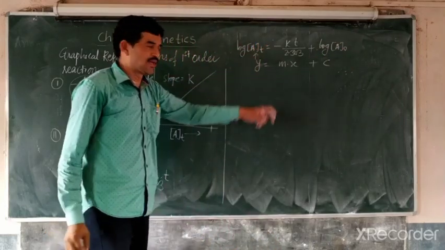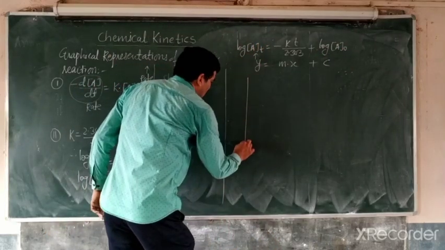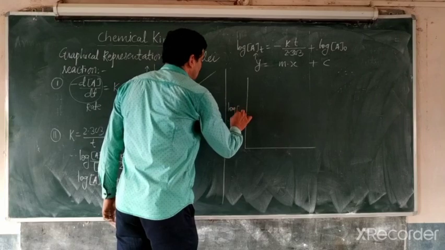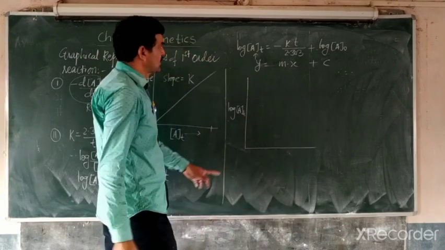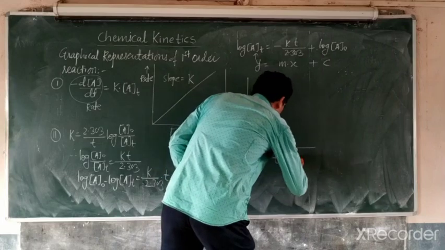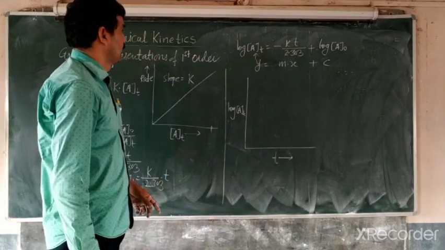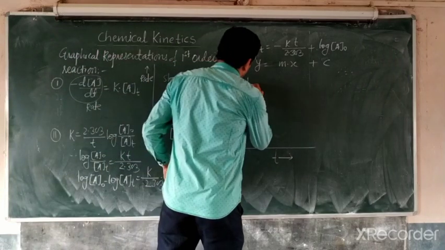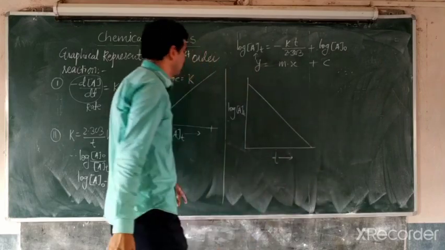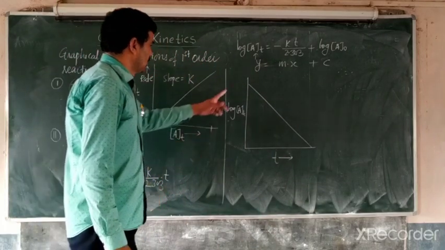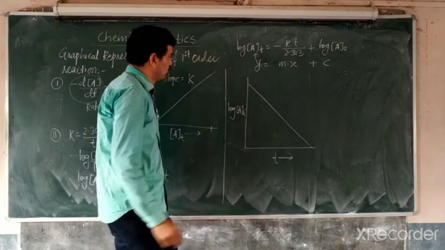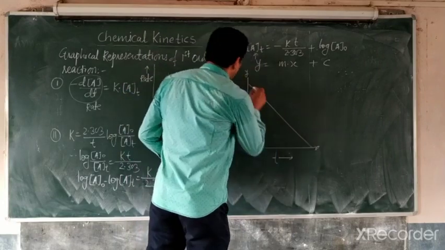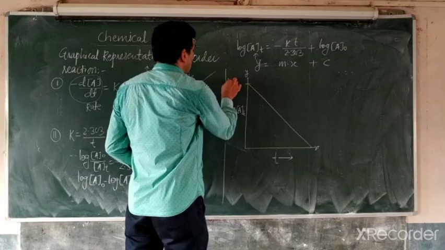This is the equation of a straight line. For this equation we can plot a graph. When the graph is plotted between y, that is log of At on the y-axis, and t on the x-axis, then we get this type of straight line. We get the straight line with the negative slope, and the point at which this straight line intersects the y-axis gives the value of c, that is log of A0.